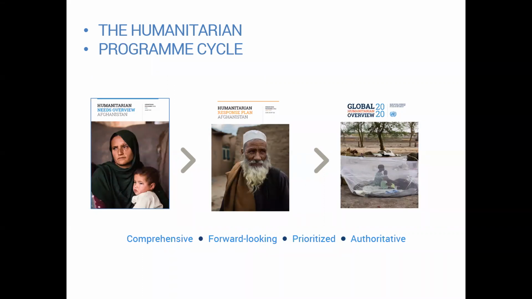The Humanitarian Needs Overview is intended to inform the Humanitarian Response Plan, the HRP. And the main key elements from the HNO and the HRP will feature in the Global Humanitarian Overview to be launched in December.